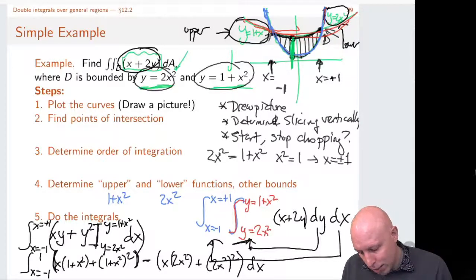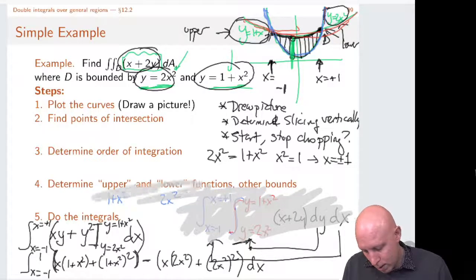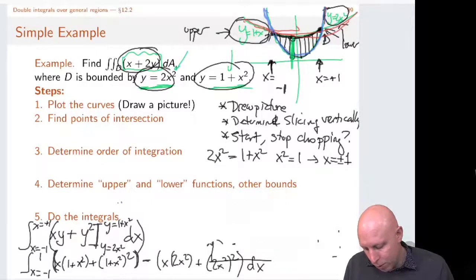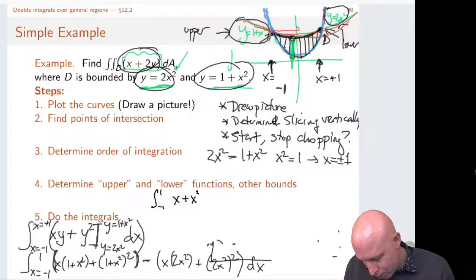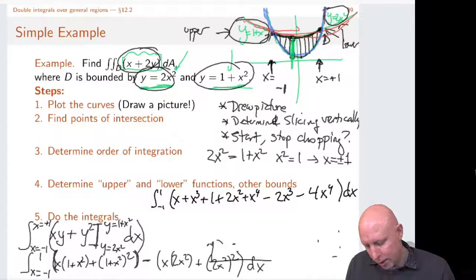Let me free up a little bit of space here. So now we have to simplify this a little bit. What do we get? We have integral from -1 to 1 of x plus x cubed plus 1 plus 2x squared plus x to the fourth minus 2x cubed minus 4x to the fourth dx.